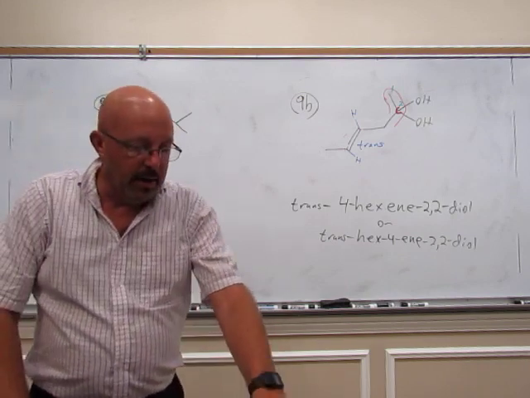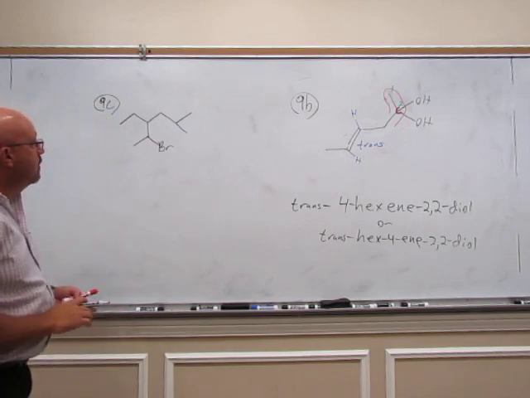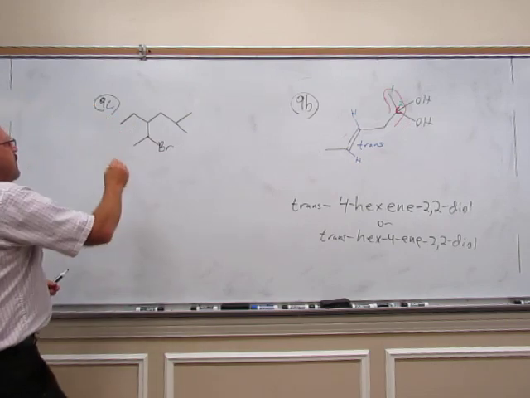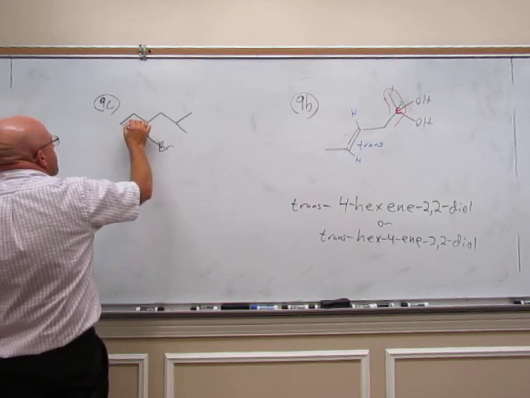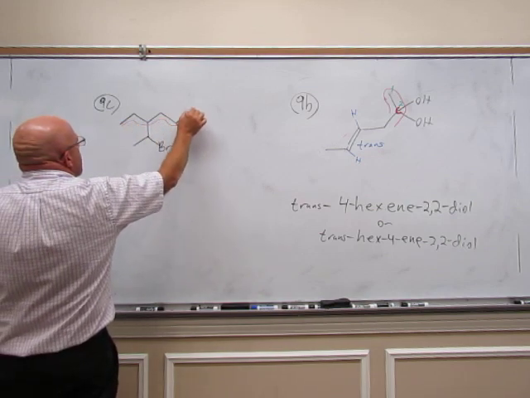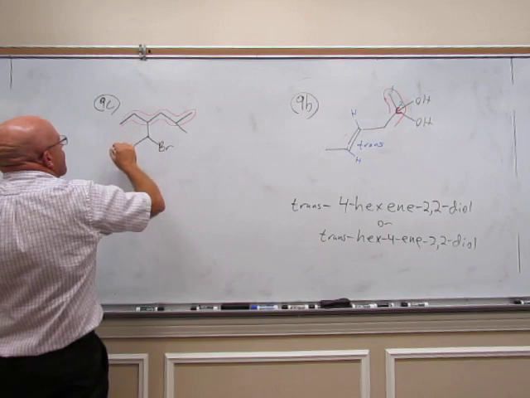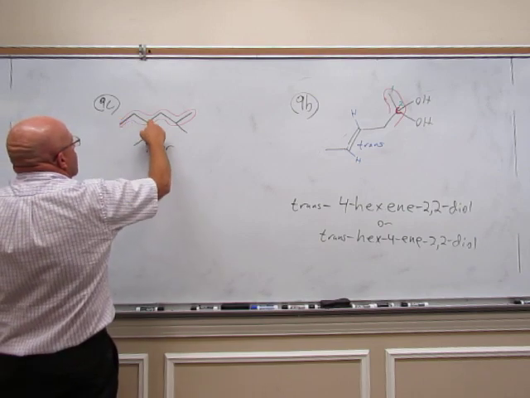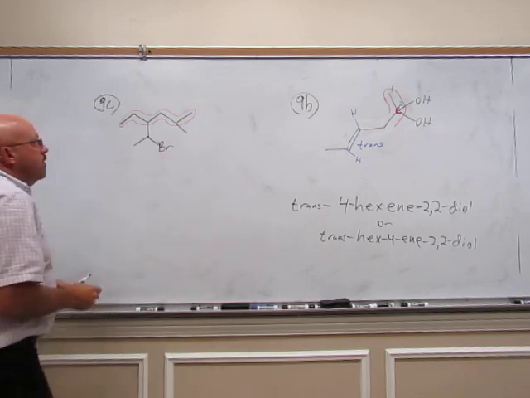Our next one here, we need to find our longest continuous carbon chain. Let's see, if we go straight across, got 6 carbons.